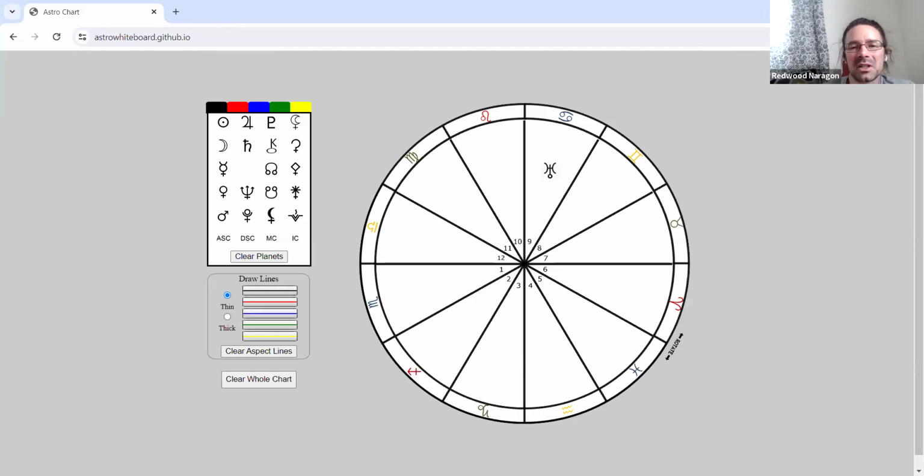And because it's Cancer in the ninth, there could be a really strong identity individuated around their own unique paradigm and what they've embraced.